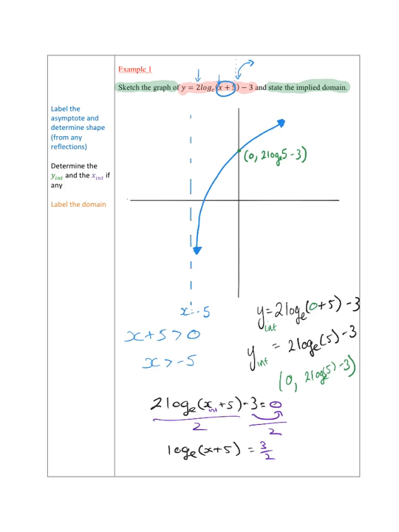If I now raise base e to both sides, we find that x plus 5, remembering here that e to the log e will cancel, is equal to e to the power of 3 over 2.